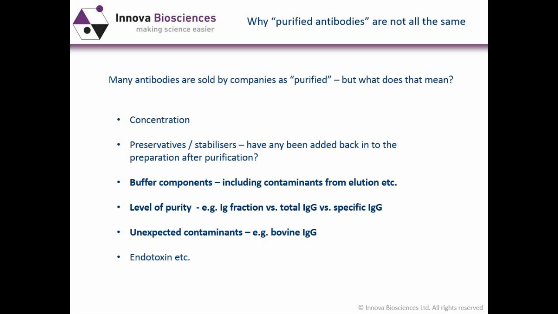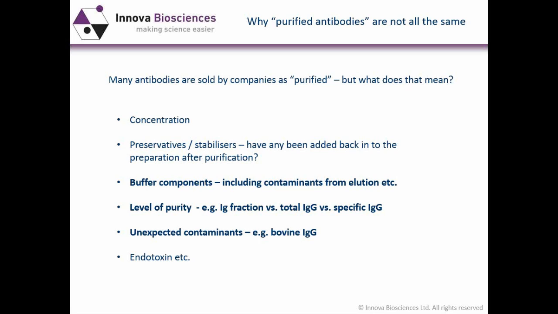You may also want to consider preservatives and stabilizers. And I've put a comment here saying, have they added anything back into the preparation after purification? So for the last few slides I've been talking about how to purify antibodies away from other proteins. Once you've done that, you end up with a purified IgG, but if it's sold and kept at relatively low concentrations, the stability of that antibody may not be too good.